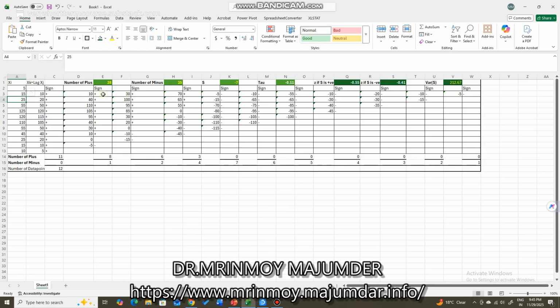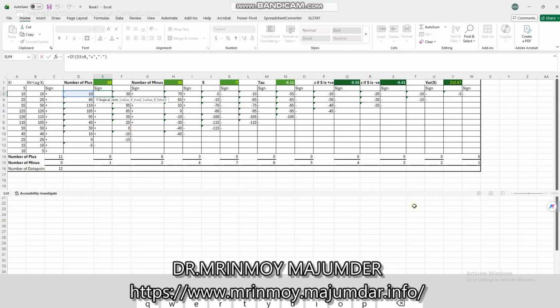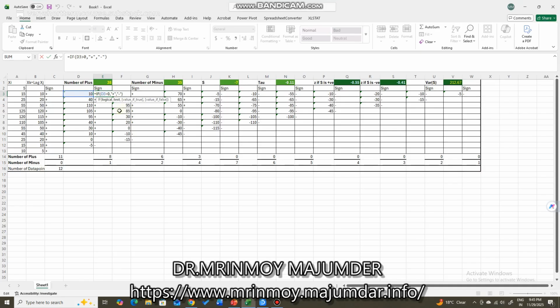If it is positive, I have given plus. If it is negative, I have given minus. Clear? So this is what we have done, and accordingly we have made the Excel.